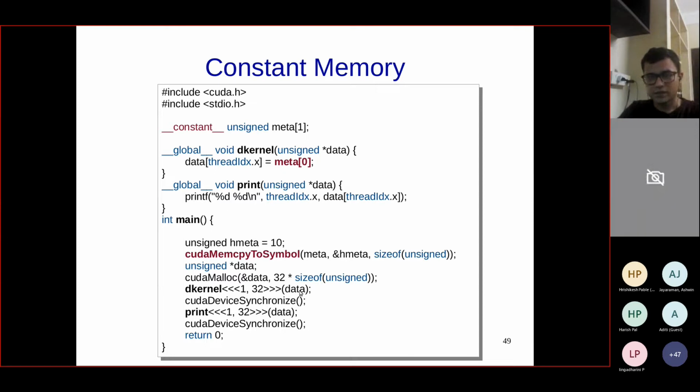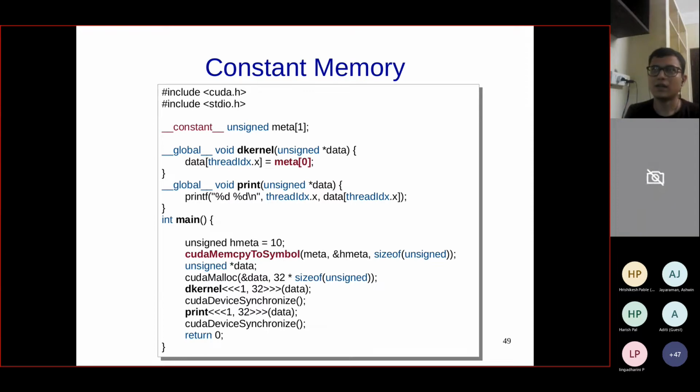Then this data is passed to the GPU kernel, T kernel, and it is launched with 32 threads. What this kernel does is it takes this data, which is the address pointing to some array on GPU of size 32. It does data[threadIdx.x] = meta[0]. Meta[0] is 10, if you remember, we have copied it from h_meta to meta. So each thread from 0 to 31 will initialize that array of size 32 to the value 10.